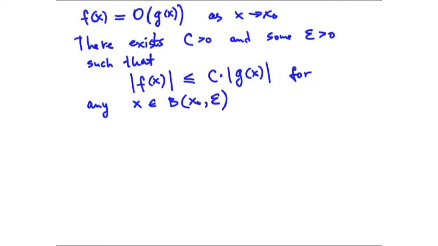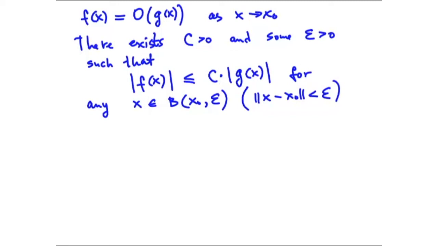Which means that essentially the distance between x and x0 is just less than epsilon. The key idea here is that I can bound this function f of x by the function g of x, perhaps with some constant, but when we are talking about asymptotic bounds, these constants are not really important.